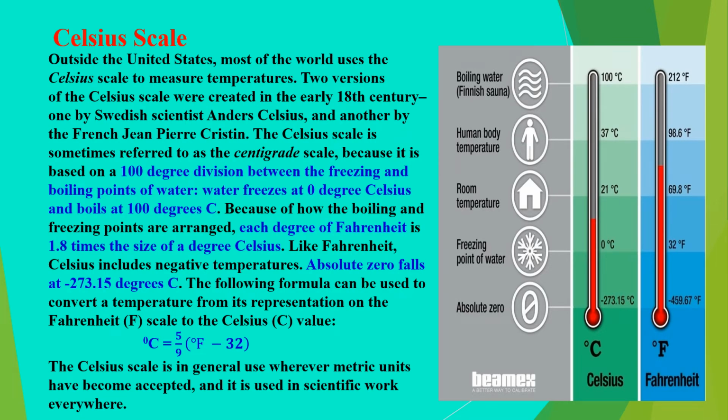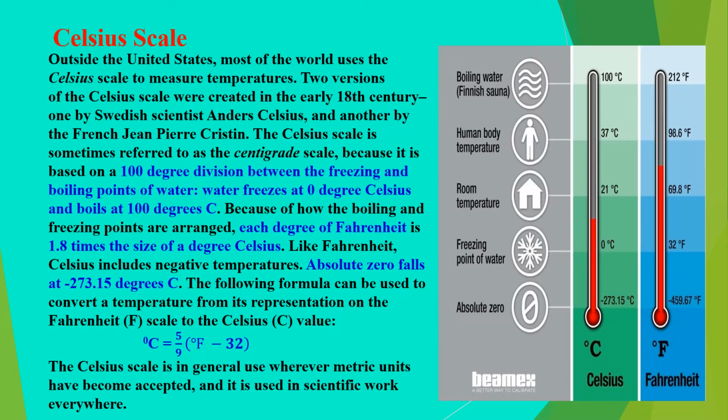Because of how the boiling and freezing points are arranged, each degree of Celsius is 1.8 times the size of a degree Fahrenheit. Like Fahrenheit, Celsius includes negative temperatures. Absolute zero falls at negative 273.15 degrees Celsius.